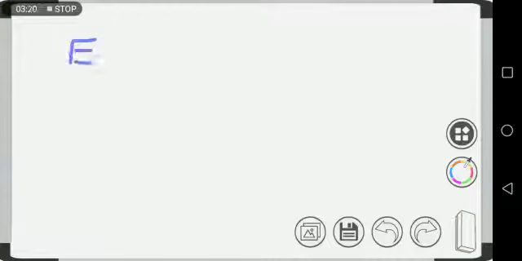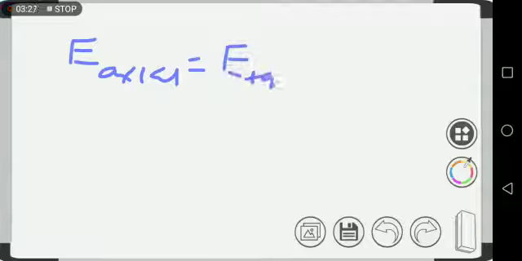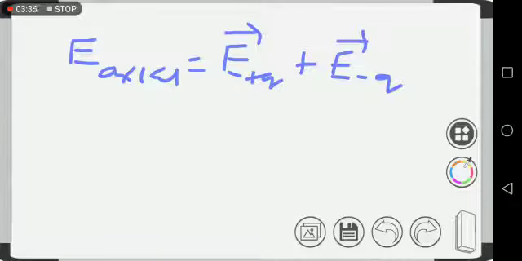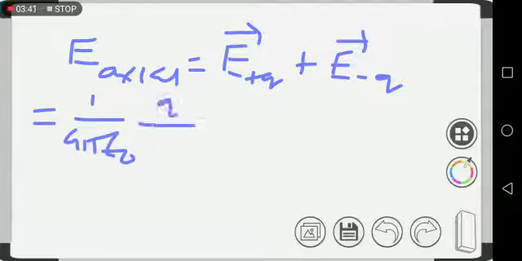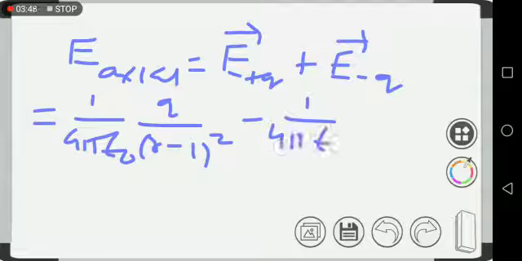So E axial, along the axial point the net electric field will be E plus q plus E minus q. As these two electric fields are in opposite directions, their resultant will be 1 by 4 pi epsilon naught q upon r minus L whole square minus 1 by 4 pi epsilon naught q by r plus L whole square.